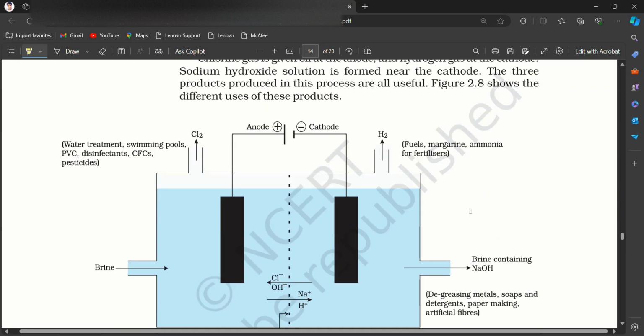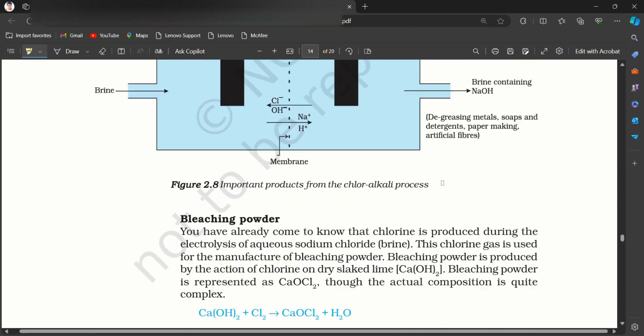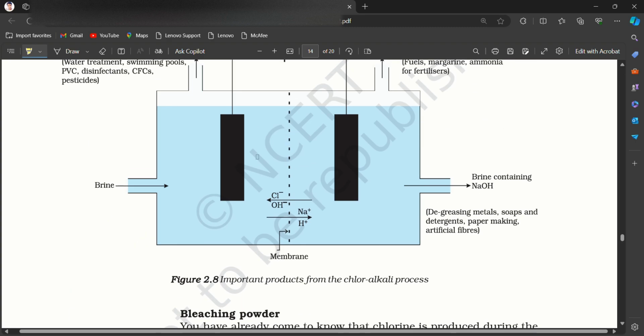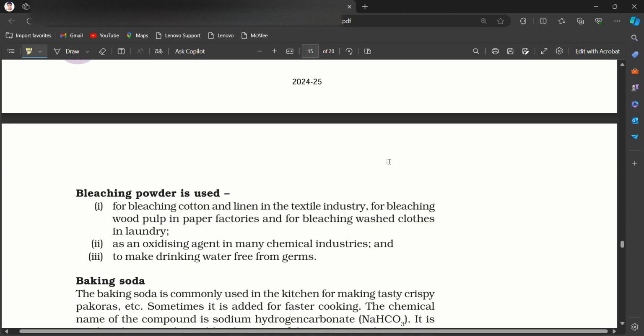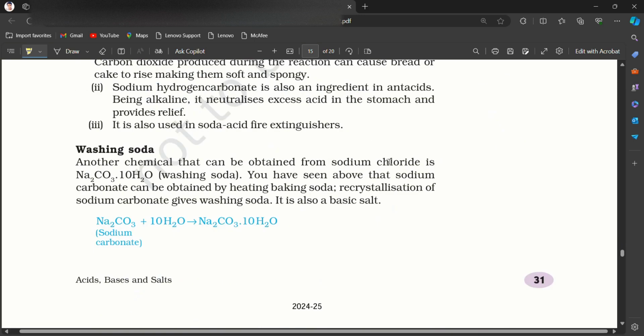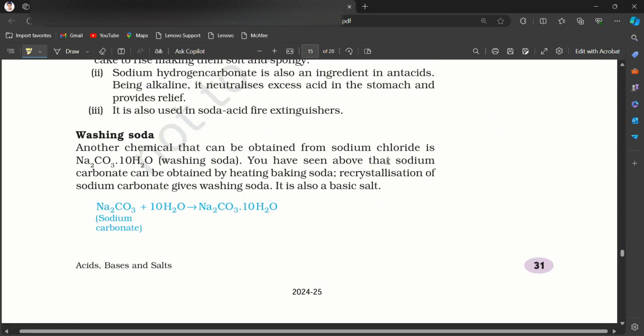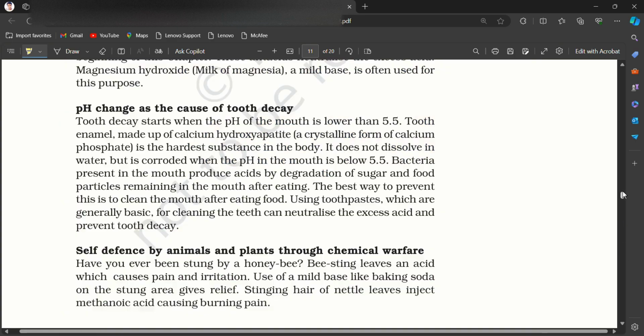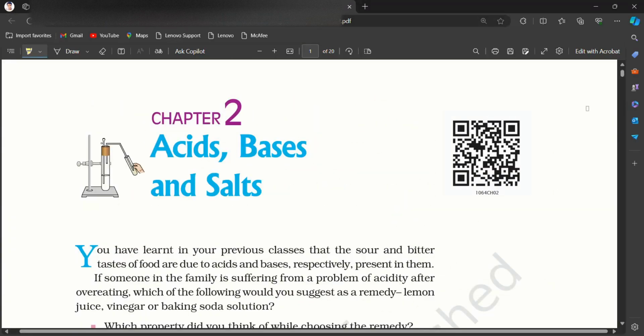More about salts. I will not cover the theoretical parts, such as the preparation of bleaching powder or baking soda. You have to study by yourself. I gave you the idea about what acid, base, and salt are, and what the reactions are.